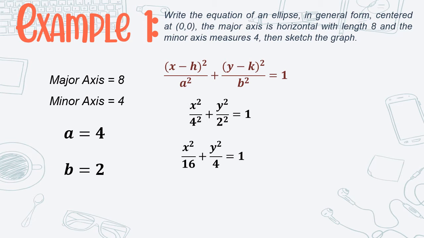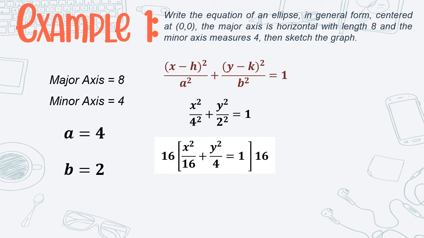Now, when we're writing the general form of an equation, we have to eliminate all the denominators. What are we going to do to eliminate the denominators in our equation? We are going to multiply both sides by the least common denominator, which is 16.